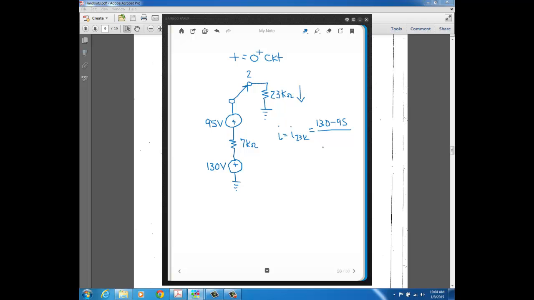We just add up the two resistors since they're in series, 30k ohms. So 35 volts divided by 30k ohms comes out to a current of 1.167 milliamps.